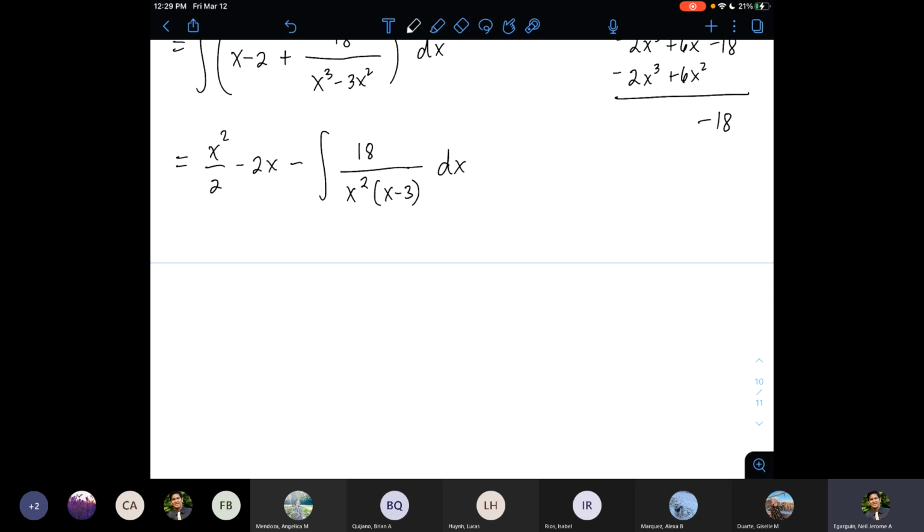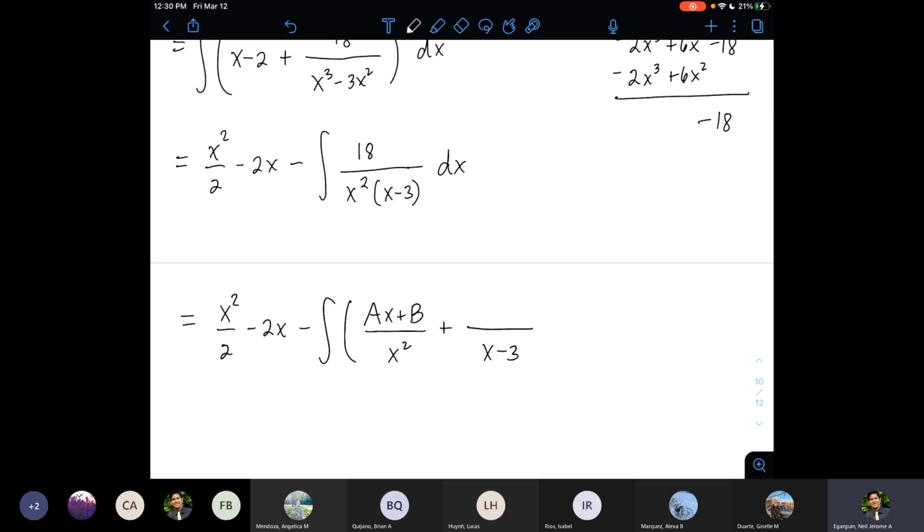Okay. Now we'll turn to that integral and do the partial fraction decomposition. Minus. Okay, so remember the first thing, we have an x squared here, so it will get one fraction in the decomposition, and then it would be ax plus b. Since the factor is quadratic, what goes on top would be linear, plus x minus 3 gets one fraction.